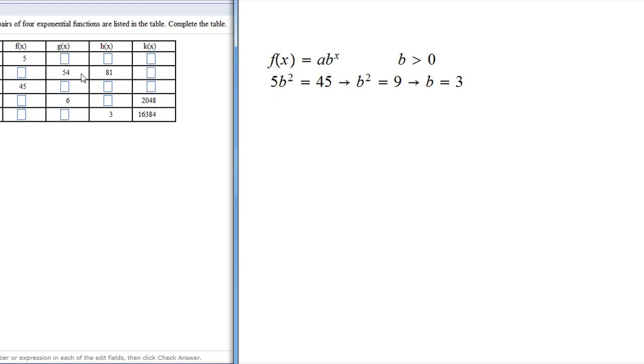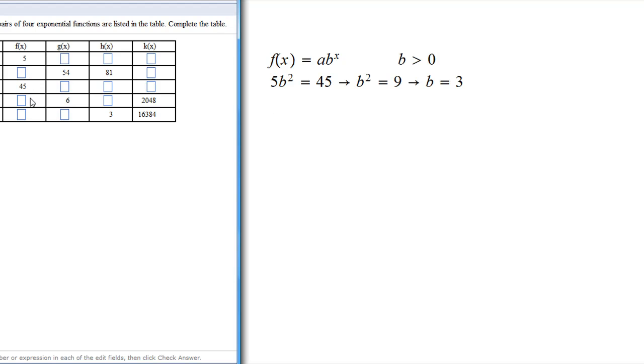So our base is 3. So this value will be 3 times 5, which is 15. This will be 3 times 45, which is 135. Then this is going to be 3 times 135, that is going to be 405.